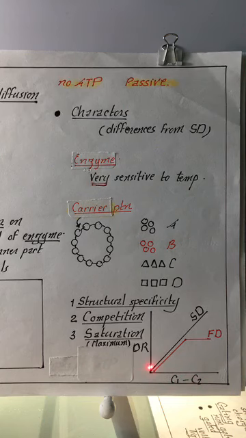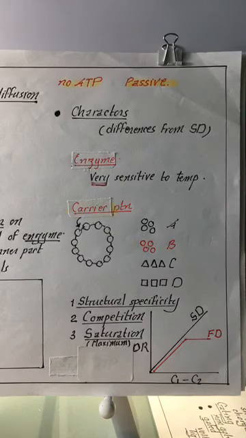In simple diffusion, there is no saturation because there is no carrier. The more the concentration, the more the molecules will diffuse. But in facilitated diffusion, the diffusion rate will reach a maximum when all receptor binding sites are saturated. We reach a maximum. This is the facilitated diffusion.